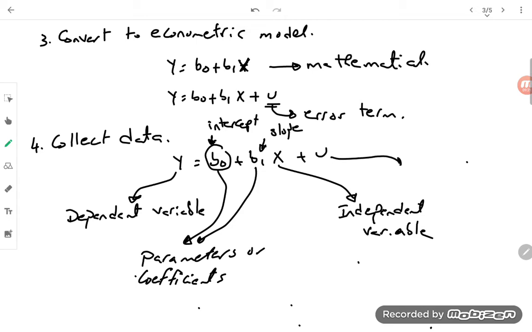And u, as we said, is the error term. b naught and b1 are constant values, while y and x are variables, which means that they have different values over time or across a number of observations. So we have to collect data for y and x.